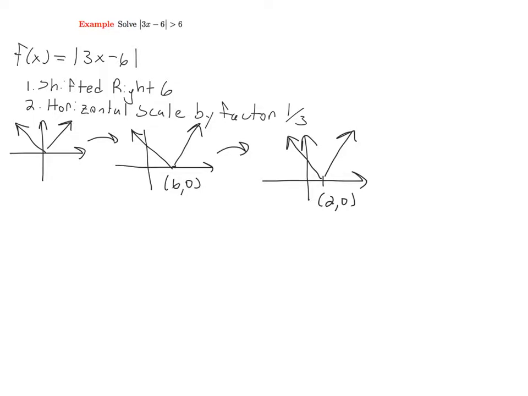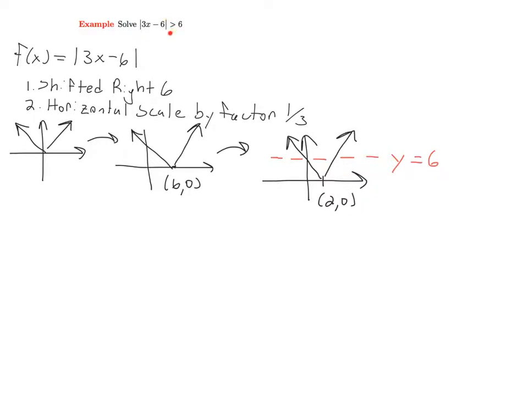And so what we want to know is what are the values of x that make this absolute value greater than 6. So let's just say here is y equals 6. And I put a dashed line here because we have a strict inequality.